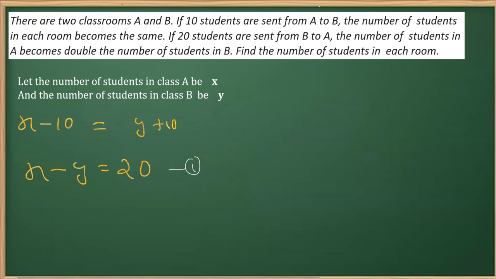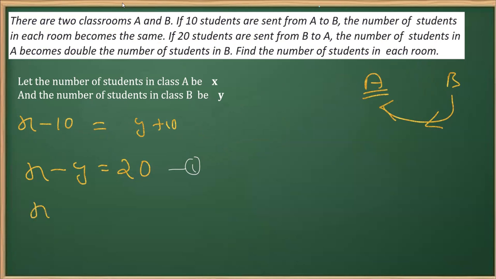Now, if I read the later part, it says that when 20 students are transferred from B to A, so A will have 20 more students.